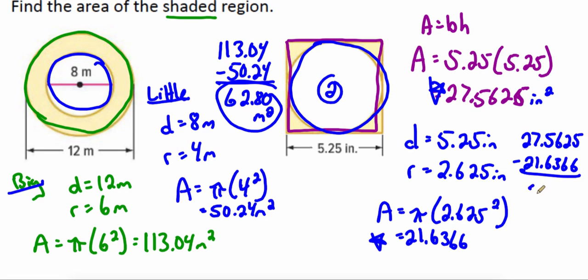And I get an answer of 5.9259. So let's round that off to 5.93 inches squared. Notice there's not a whole lot of area left. We're really just looking at those corners, so we cut out that big portion in the middle. But it's the area of the big shape minus the area of the shape in the middle.